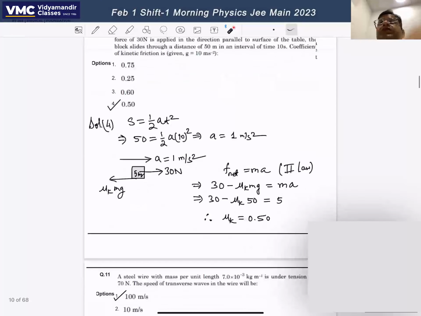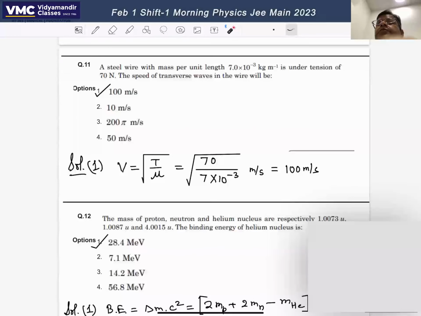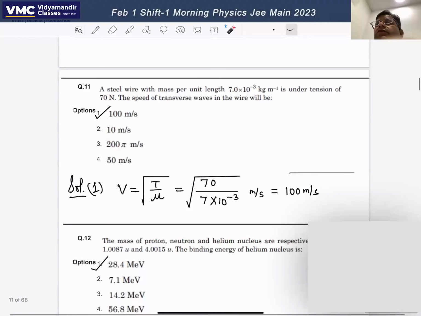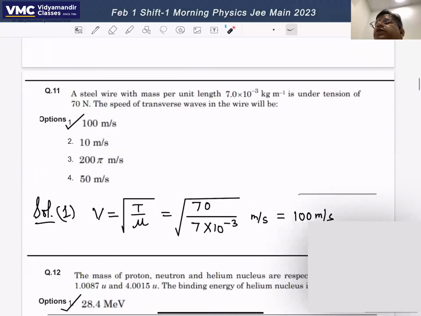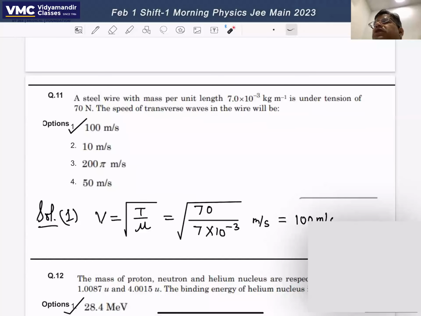Question number 11. A steel wire with mass per unit length 7 into 10 power minus 3 kg per meter is under tension of 70 Newton. The speed of transverse wave in the wire will be? We have to find the speed of the transverse wave.